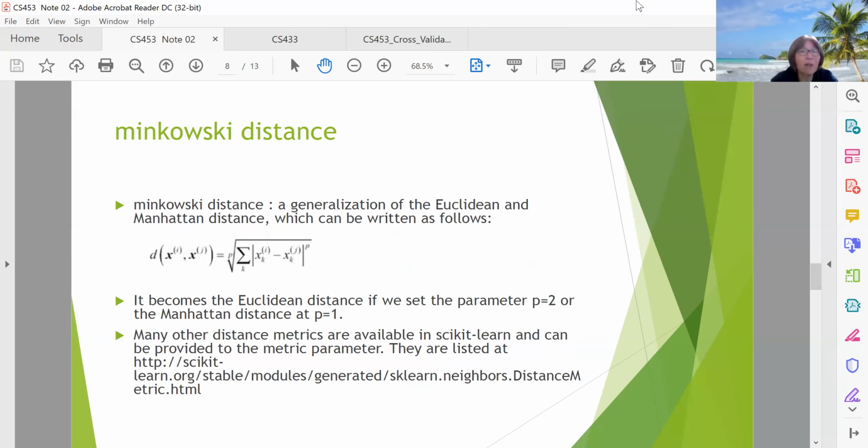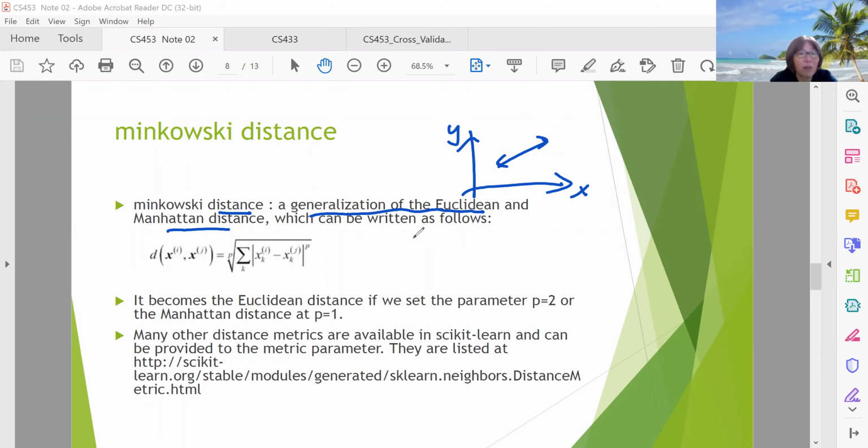Okay, then regarding the distance, we said Minkowski. This distance is a generalization of the Euclidean and Manhattan distances. We're quite familiar with Euclidean distance, for example in 2D. In math, we already learned the Euclidean distance and the Manhattan distance. For Euclidean distance, P is 2, and for Manhattan distance, P is 1.